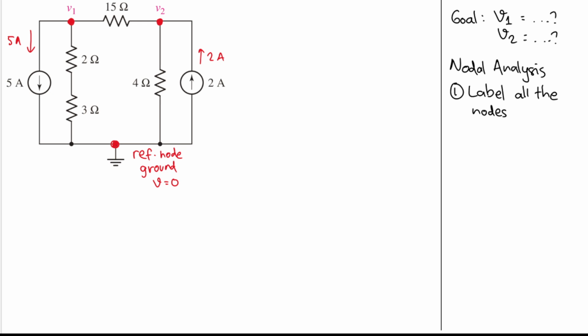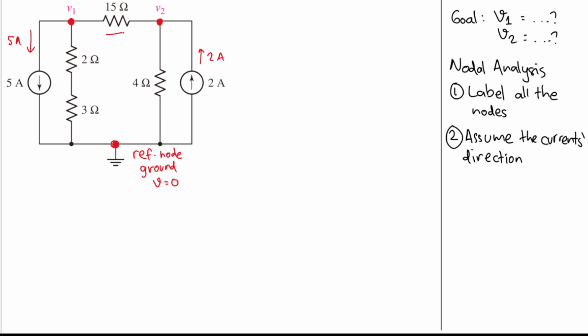circuit analysis. Okay, and then the second step is to assume the current direction for each branch. Usually for the horizontal branch, I assume it's going to the right like this.